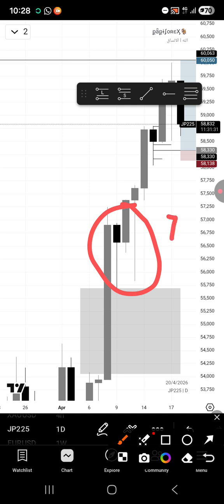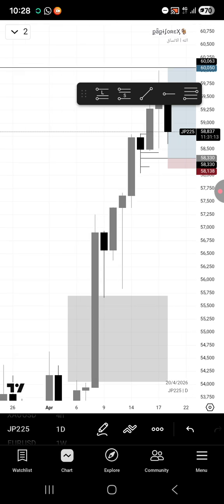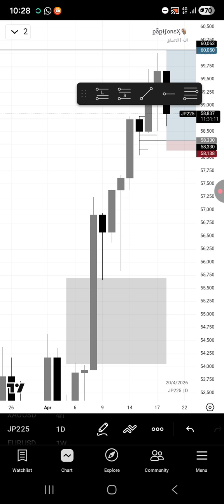You understand? So this type of candle is what we call a respecting candle. And in ICT we call it immediate rebalance. You understand? Immediate rebalance, whereby price has reacted on a lower time frame fair value gap.